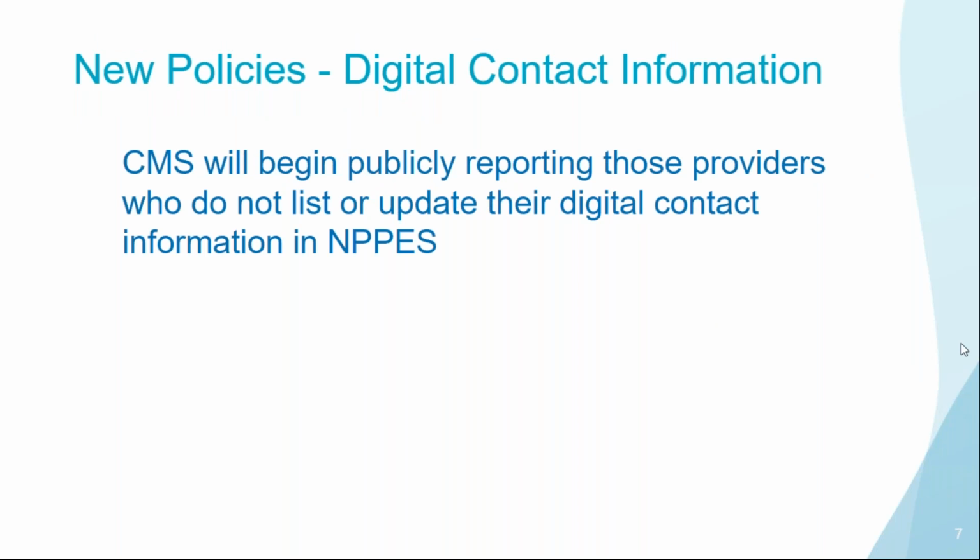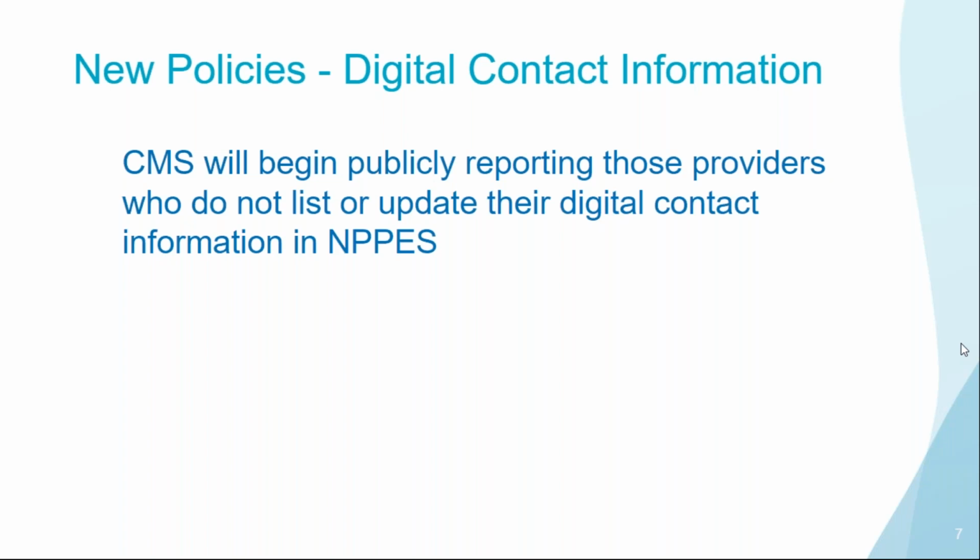So the next one is the digital contact information. And this actually ties back into the list or the directory. So the way that CMS or the payers, however you want to refer to them, will be able to publicly report your direct address is because you're going to need to provide it to them.